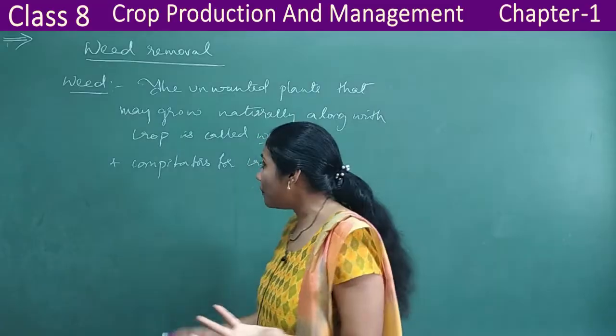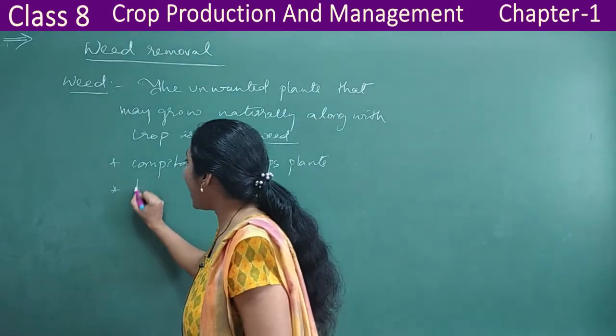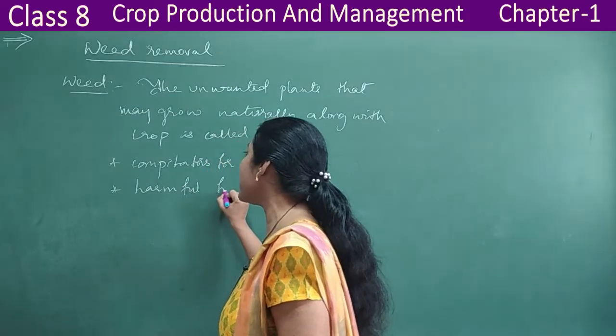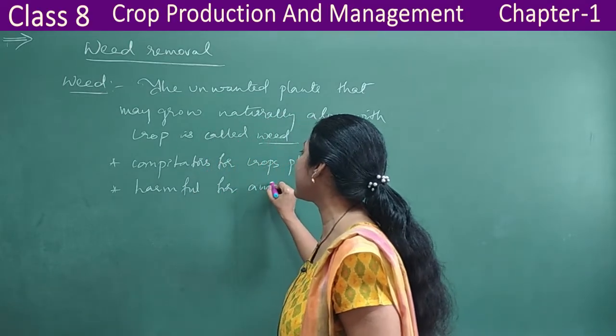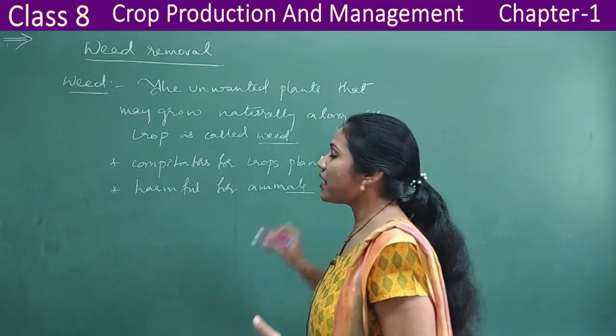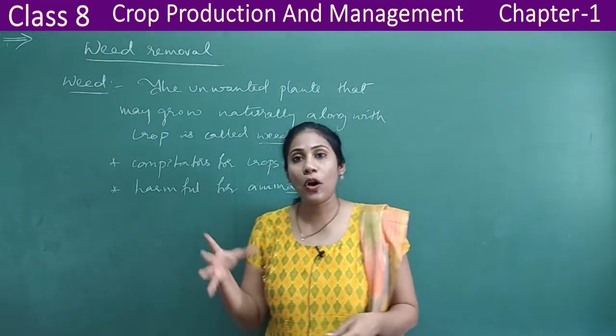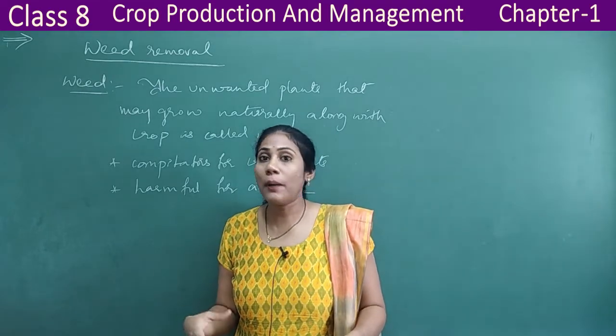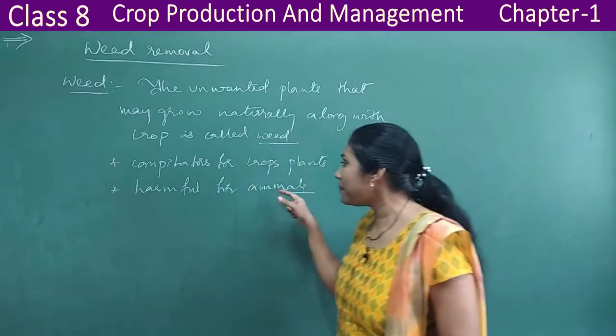They are also harmful for certain animals and human beings. The animals roaming around the crop, or the human beings staying around the crop, may also suffer from these weeds.